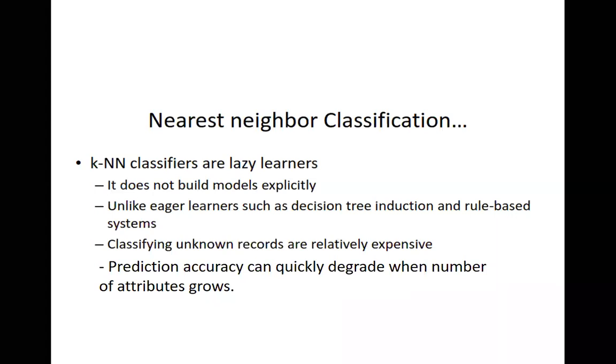Computationally, it is very expensive, and if there are more number of attributes, prediction accuracy will come down. In the examples we have seen only 4 attributes or 5 attributes. If the number of attributes are more, prediction accuracy will come down. That is again one of the challenges in KNN algorithm.